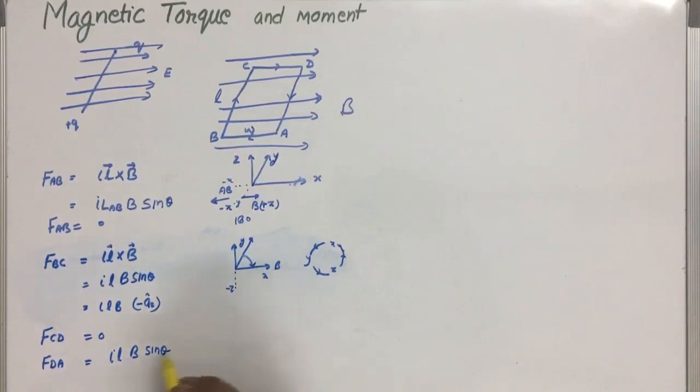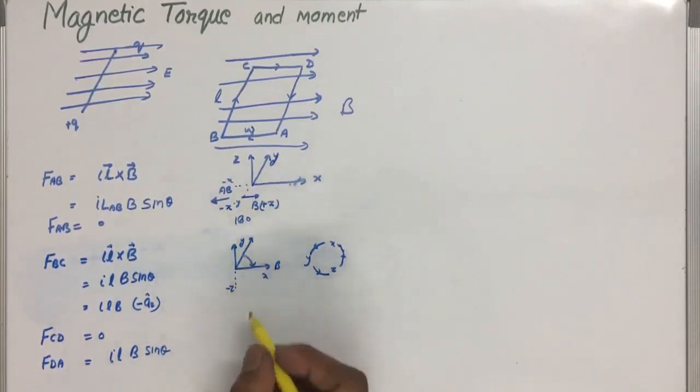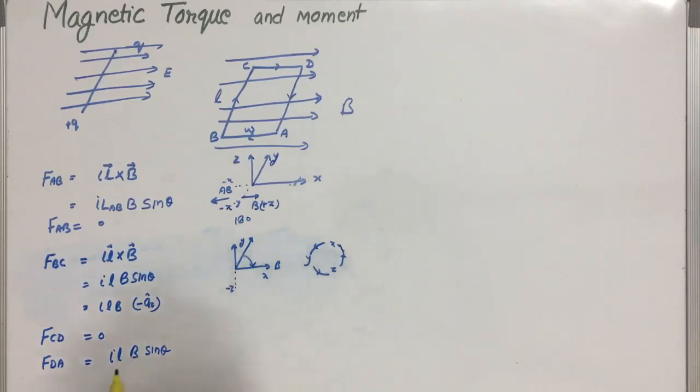IL will be in the direction of minus AY, and B is in the direction of AX.